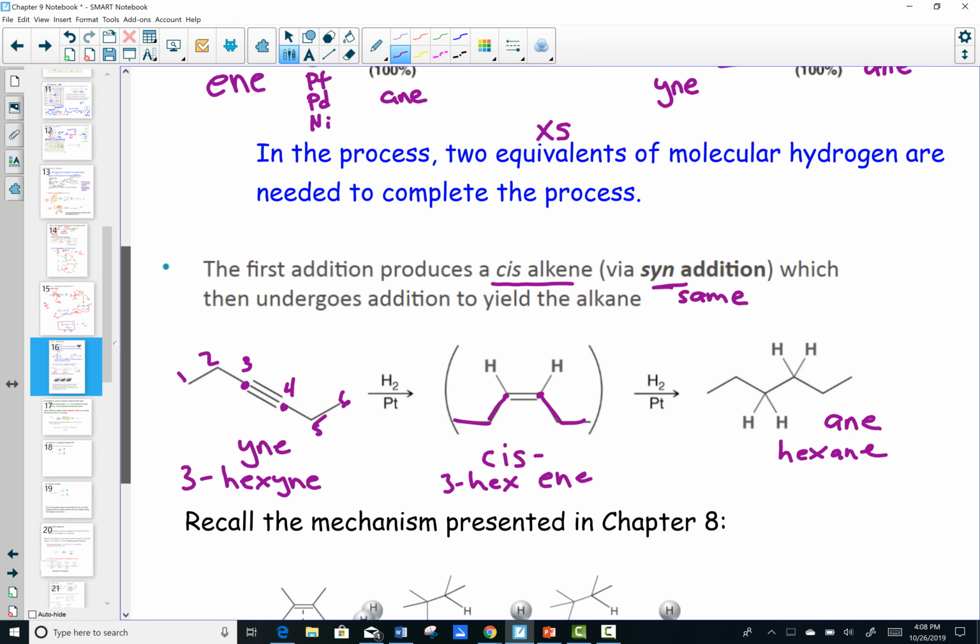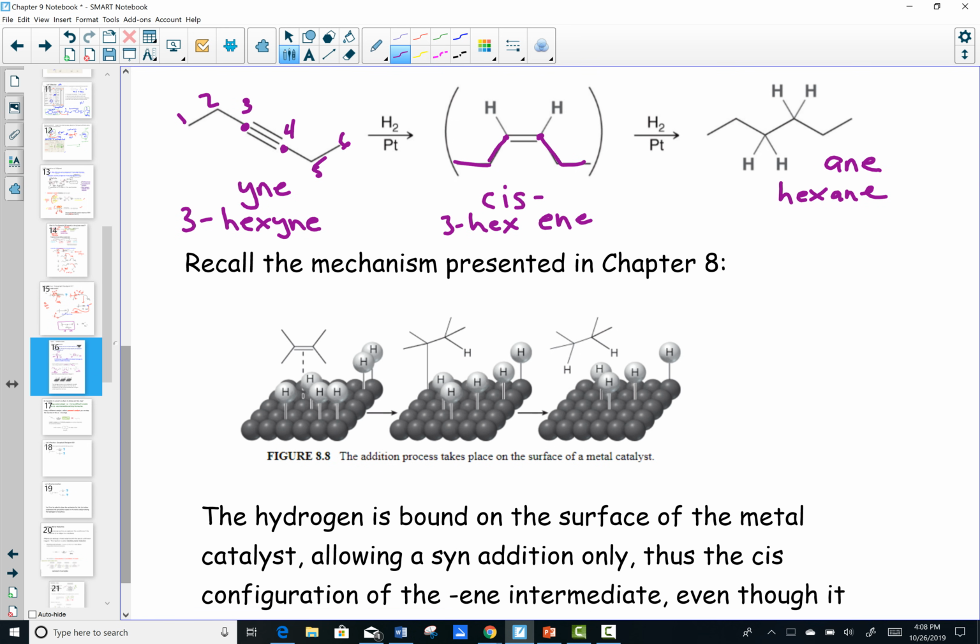So this mechanism, very similar from chapter 8, just to emphasize why it is indeed a syn addition. This metal catalyst, the platinum or palladium or nickel, literally fixes the hydrogens onto the surface of that catalyst, and therefore the pi bond in the alkene or alkane is only able to reach down in one direction.